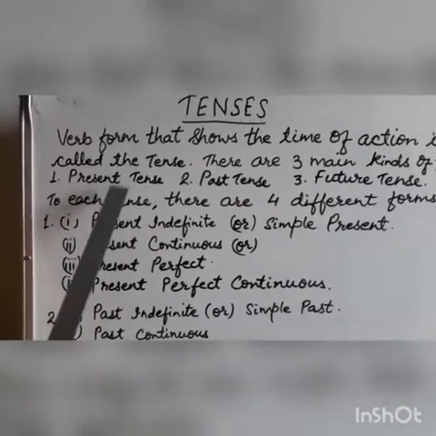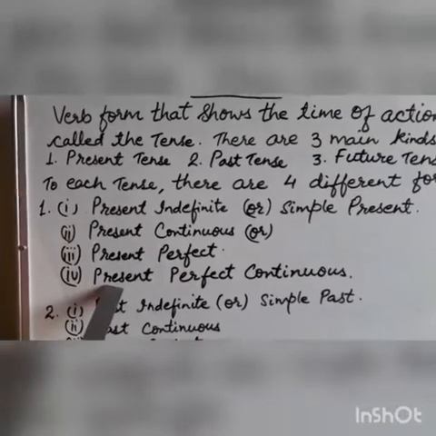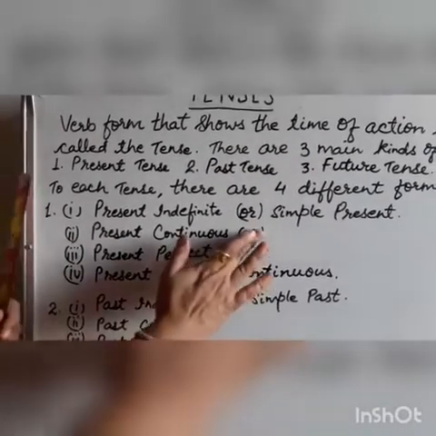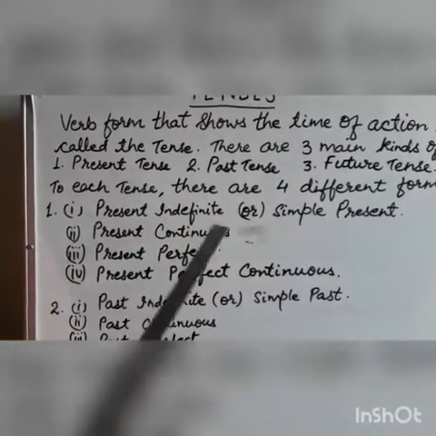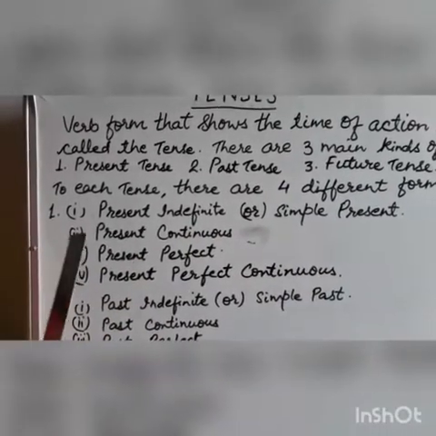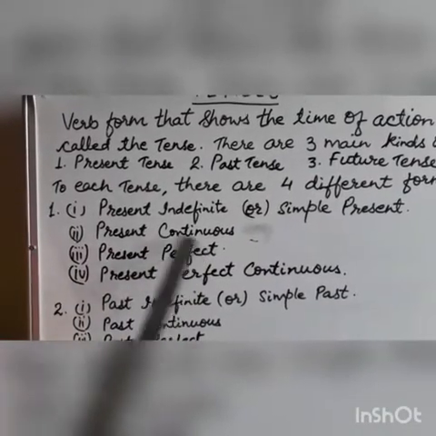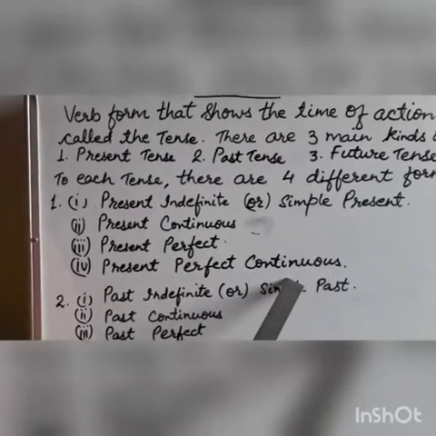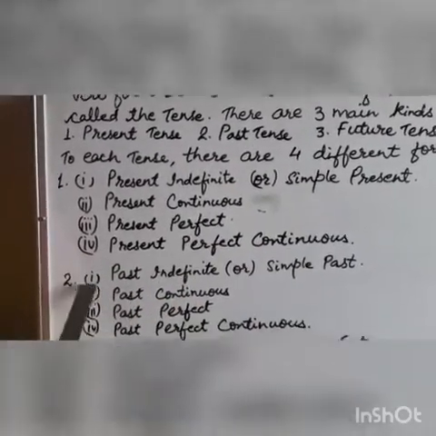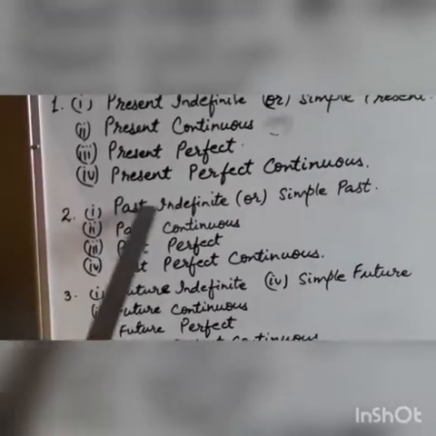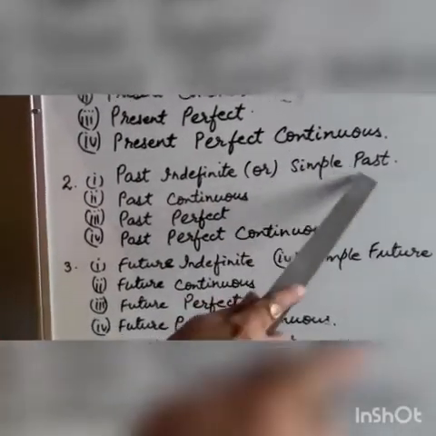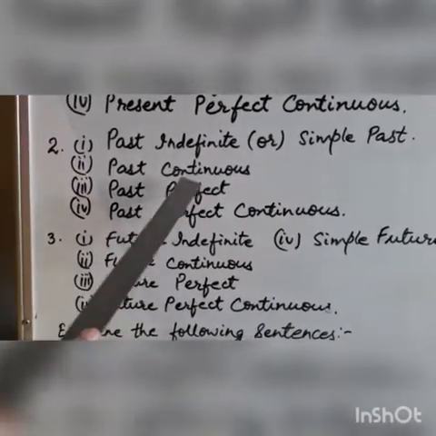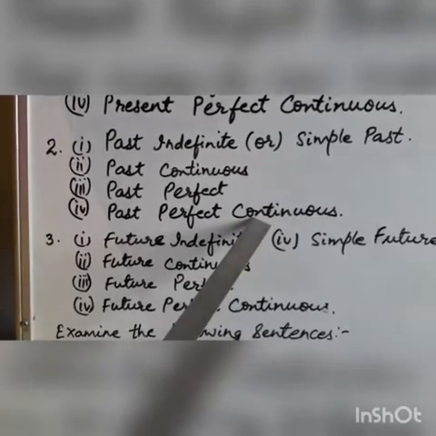The present tense is again divided into four different forms: present indefinite or simple present, we can call it simple present also. Then present continuous, present perfect and present perfect continuous. Then past tense is again divided into four different forms: past indefinite or simple past, past continuous, past perfect and past perfect continuous.